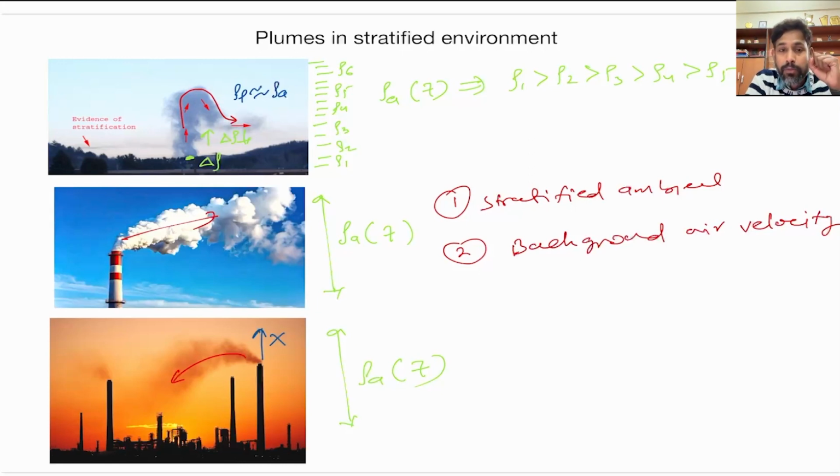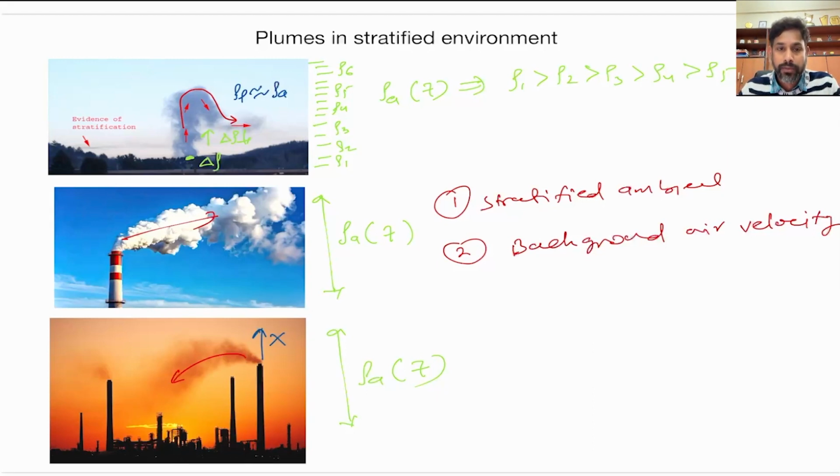And this happens more during, let's say for instance, in winter season, when we have stratification of density because of fog, right? If you look at these big cities, especially in northern India, including New Delhi or Kanpur, we have a huge fog problem during winters, and that fog actually brings stratification in the ambient, and then whatever hot gases come out from a source are not able to go up because they do not have enough buoyancy.